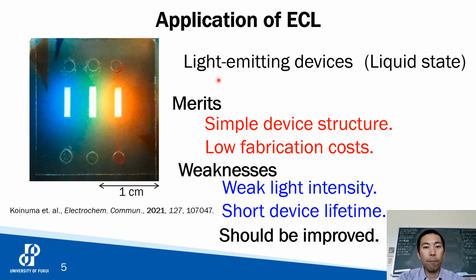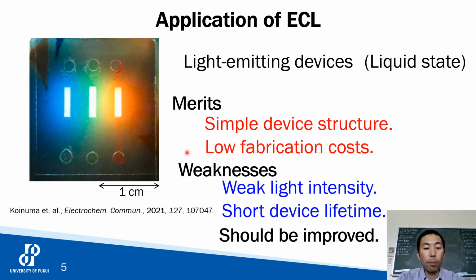ECL is attractive for light-emitting devices, which are liquid state. This is a very nice picture of blue, green, and red color ECL device. The thickness between the electrode was about 5 micrometers. There are several merits, such as that you can fabricate ECL devices easily because they are a very simple structure, just a solution between two electrodes.